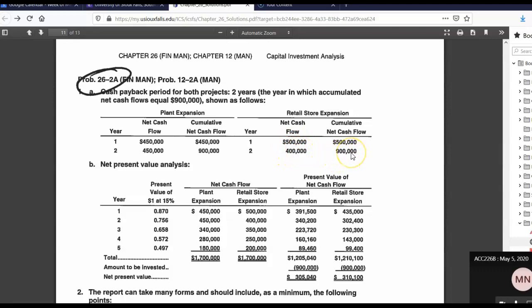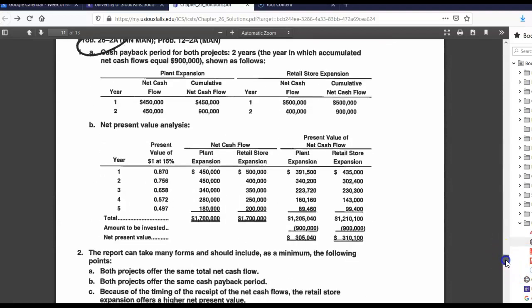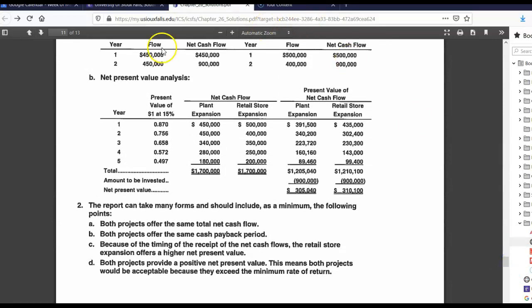So in 2 years, it pays itself back. So both scenarios pay itself back in 2 years. Okay. Cash flows. So what we are looking at here is cash payback. Investment divided by cash flows.